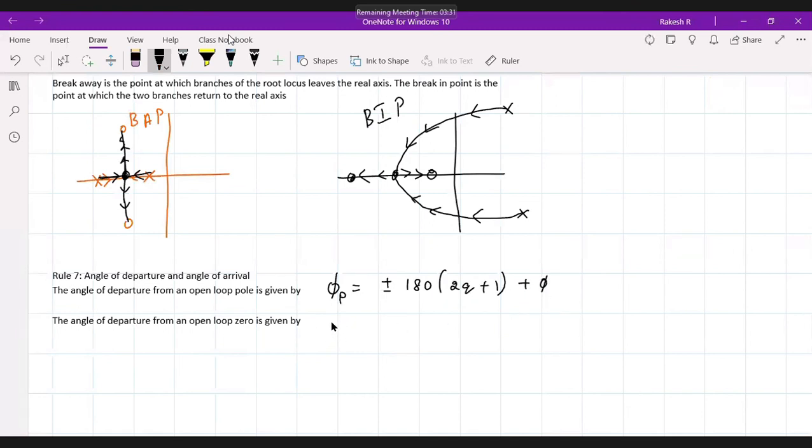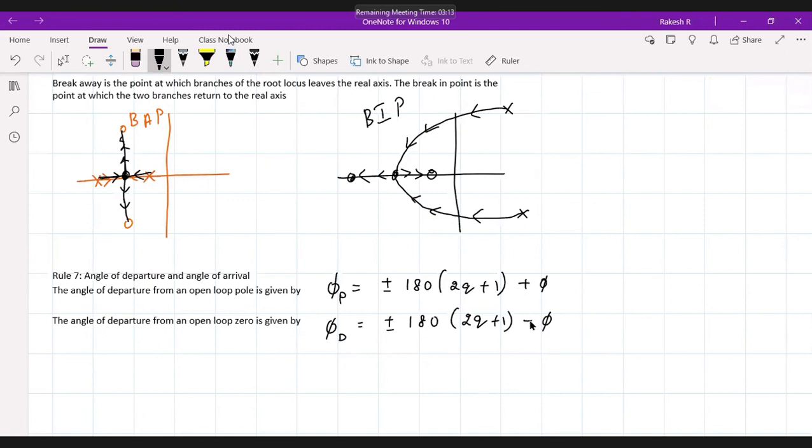And similarly, for arrival it is given by plus or minus 180 into 2q plus 1 minus phi. See here, for both the cases we have the same formula.